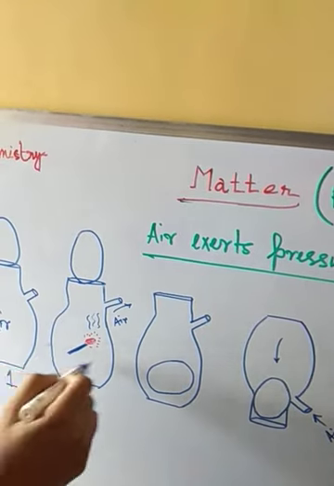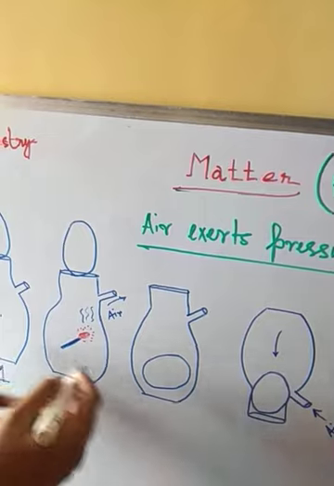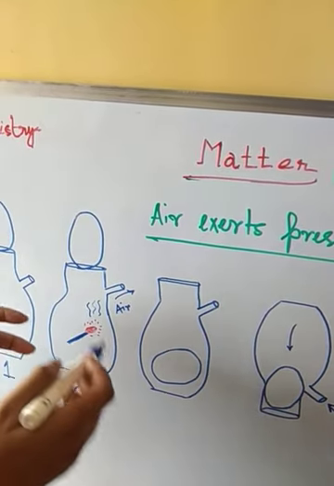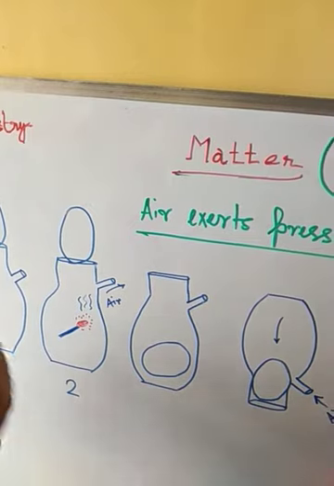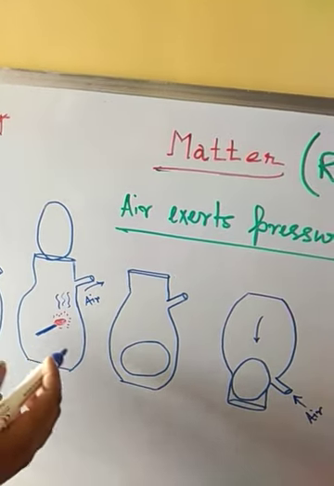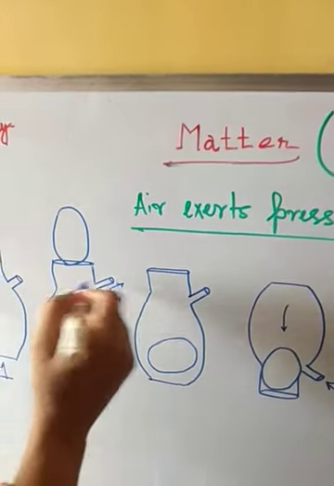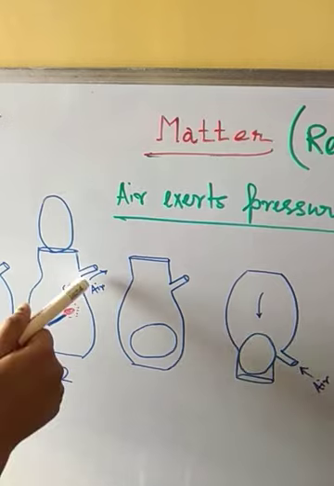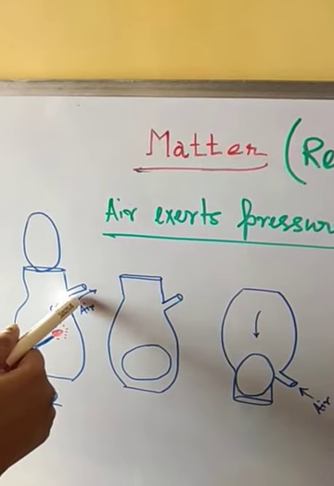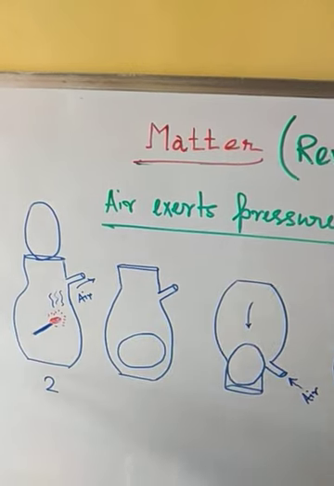Now as the matchstick burns, it will heat the air inside the bottle and it will expand. Okay, the air, as it's a gas, will expand on heating, so some of the air will come out from the side of this bottle, through this outlet side opening.